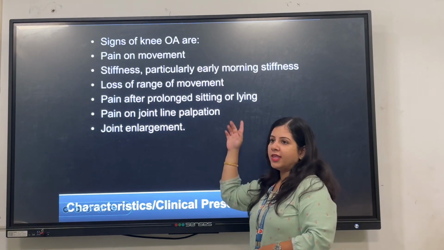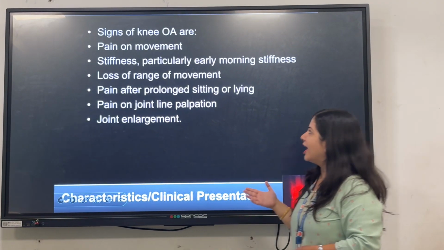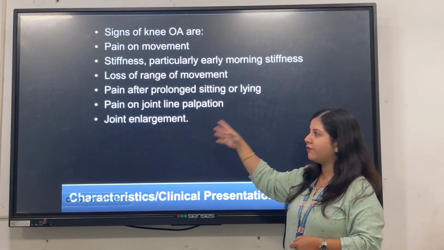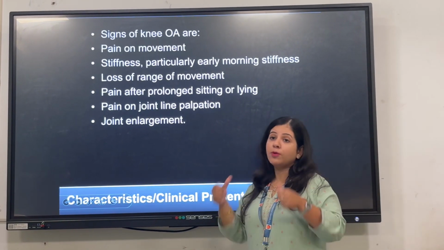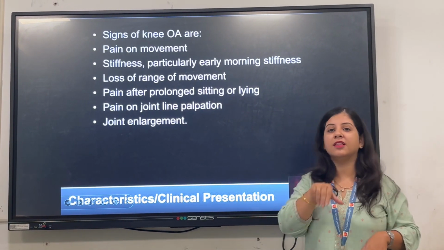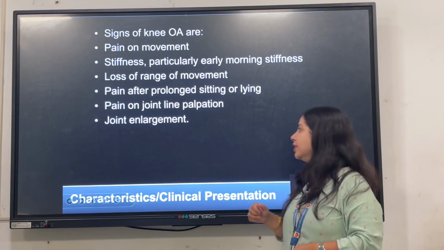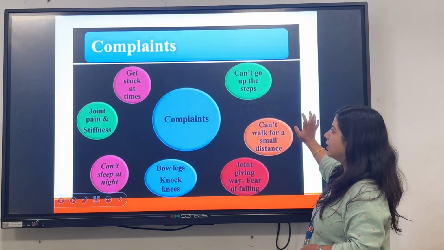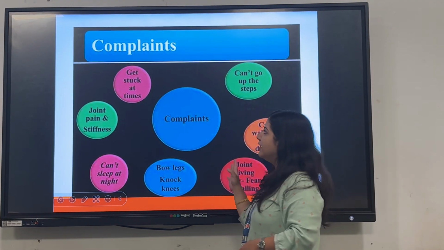So signs of OA, as we have seen in the last slides: pain on movement, stiffness, loss of range of motion, pain after prolonged sitting, pain on palpation, especially the medial side of the joint is very tender, and there is joint enlargement. What will the patient complain of?